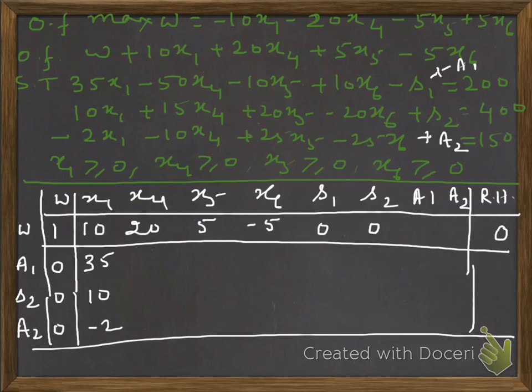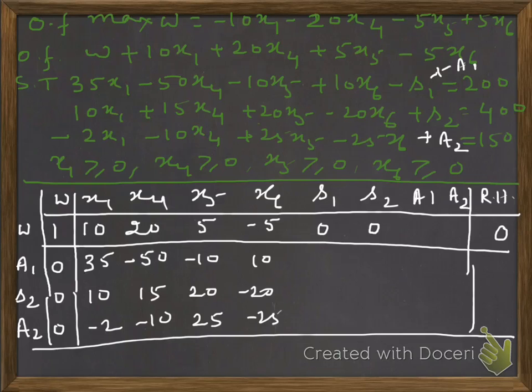For x4, you get -50, 15, -10. For x5, you get -10, 20, 25. For x6 it will be 10, -20, -25.